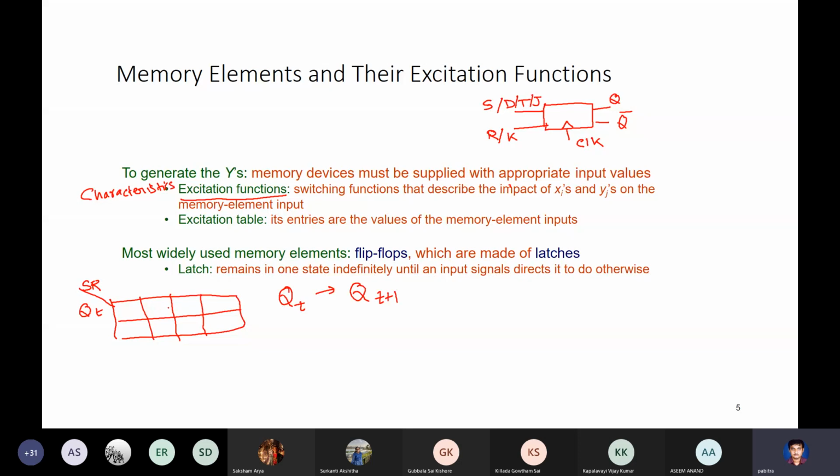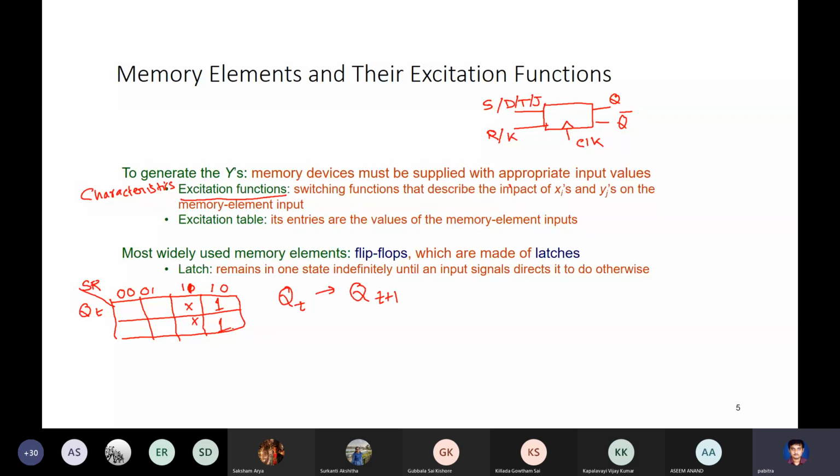For example, SR goes 00, 01, 11, 10. 11 doesn't happen, so this is a don't care. 11 is an invalid input. When S is 1, output will be 1.